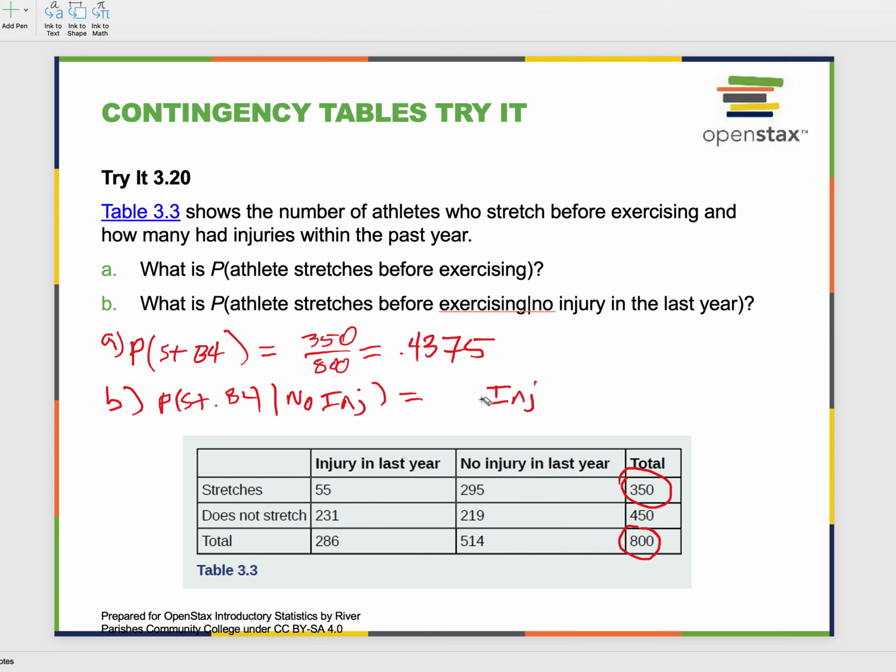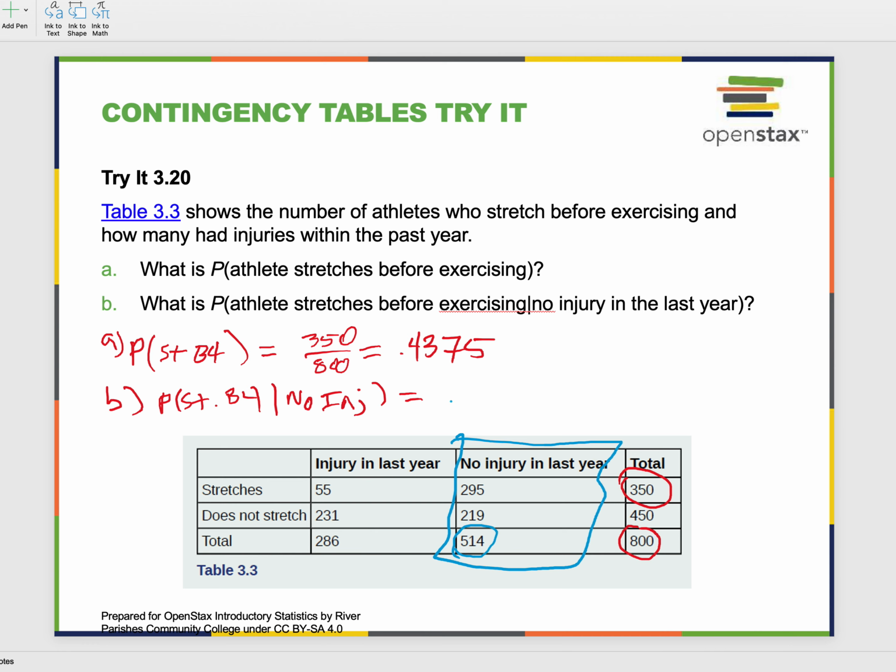Well, if I'm given no injuries, that means, now let me change this to a blue color just so I can distinguish this one, no injuries means I'm restricted to this column only, and instead of 800, this is my total.